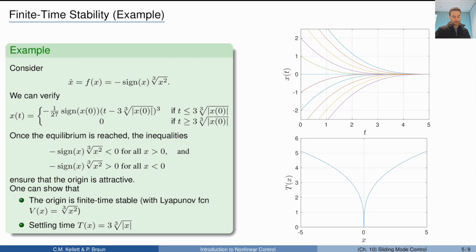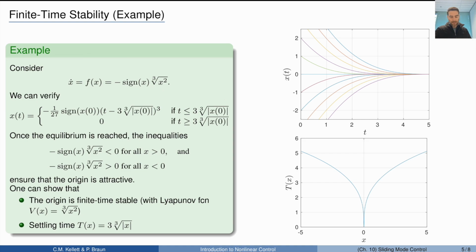Moreover, by directly looking at the solution here, we also get the time when x of t is equal to 0, and through a Lyapunov characterization, it can be shown that this function V of x here is a Lyapunov function characterizing finite time stability, which then also allows us to calculate the settling time.